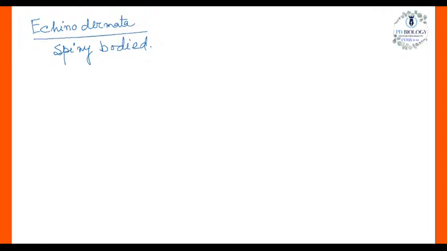Endoskeleton is calcareous ossicles. The adult echinoderms are, you can remember this one, radially symmetrical, but the larvae are bilaterally symmetrical.